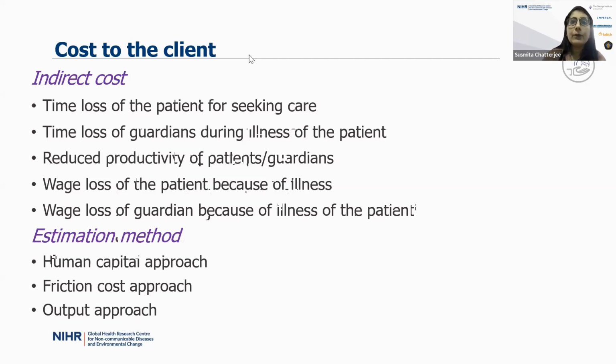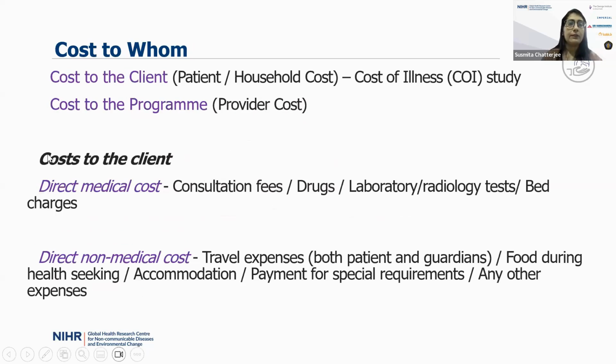Okay, so there is a question. Let me quickly check the question. When we plan for a COI study, we must include all the... Yes, of course. If your purpose is a cost of illness study only, then you have to consider direct medical. A proper cost of illness study should have all of this.